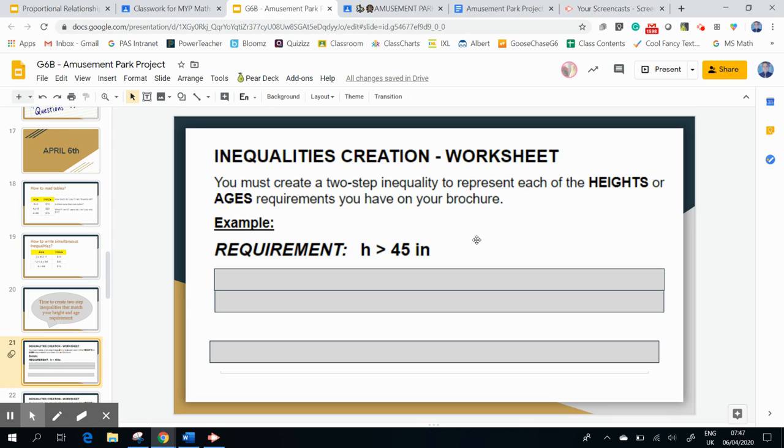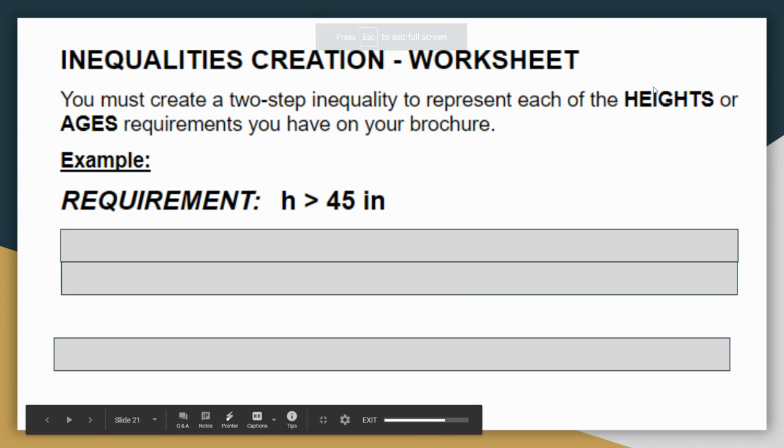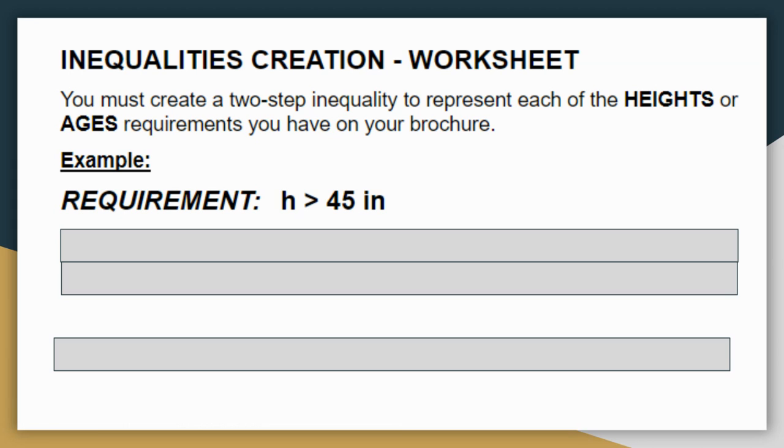I have to write a two-step inequality from this. Well, my first step is always to do the opposite of what I would do as the last step. So in this case, my first step is to multiply or divide by any number that I want: by 2, by 3, by -2, by -3, by 4, by half, by 0.5.